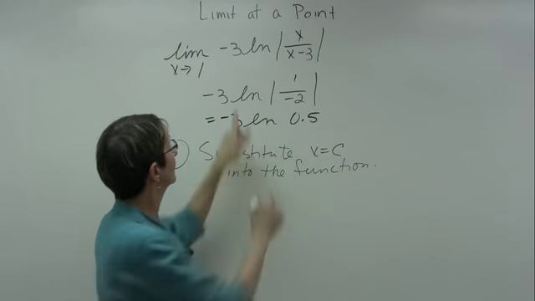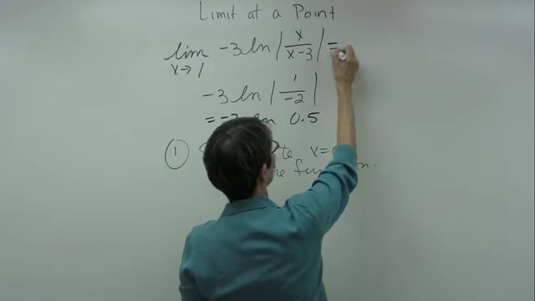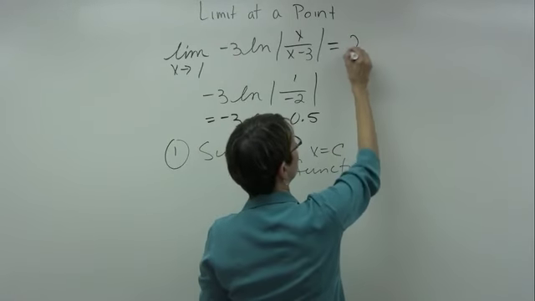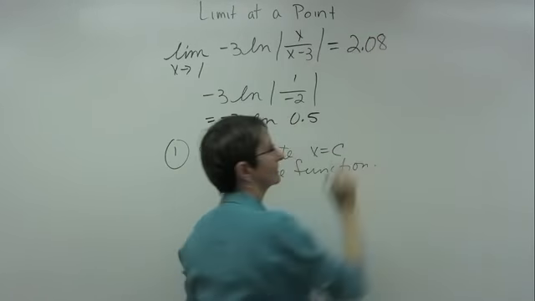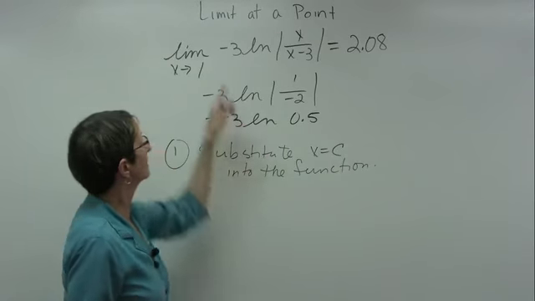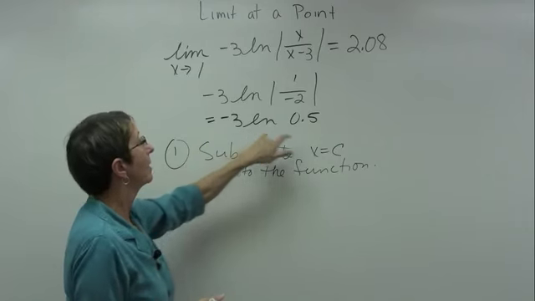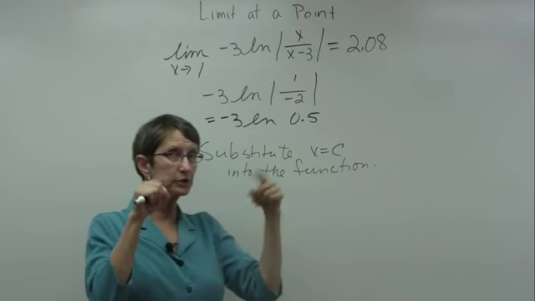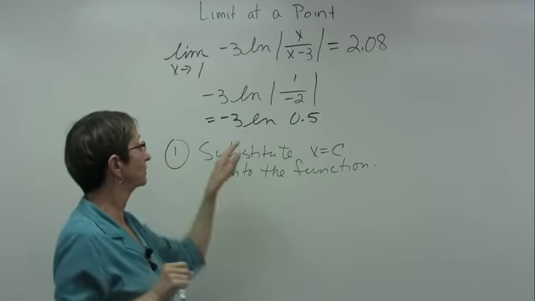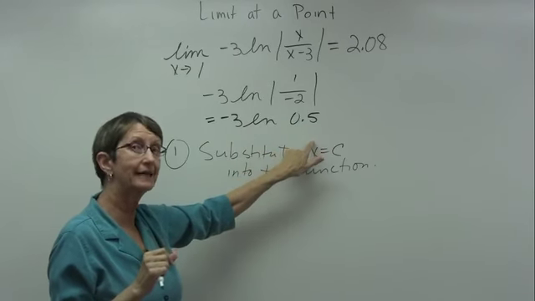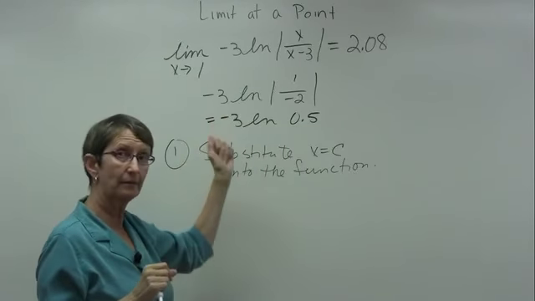Now, as it turns out, if you take this value, you'll get 2.08. Now, that's funny. Look, this started off with -3 times that. But the natural log of numbers that are fractions between 0 and 1 are negative numbers. So if I take ln of 0.5, I'll get a negative. Multiply by -3, I get a positive.